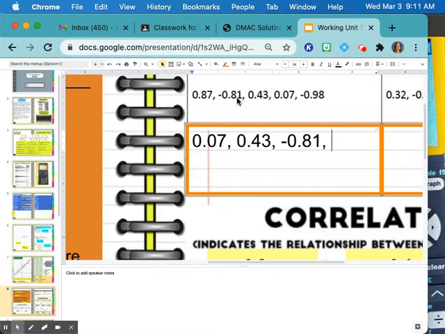Because it doesn't matter positive or negative. We're ignoring positive and negative, and we're just looking at getting closest to -1 or +1. So the next one would be 0.87, and then negative 0.98. That is in order from weakest to strongest. So the further you are away from 0, the stronger the correlation. But the highest value you can get for R is 1.